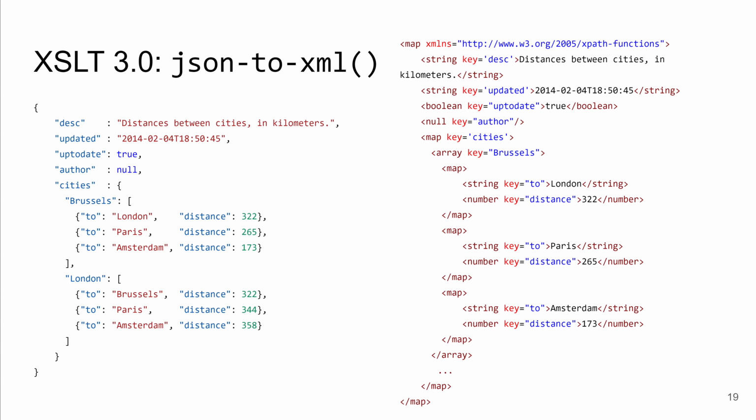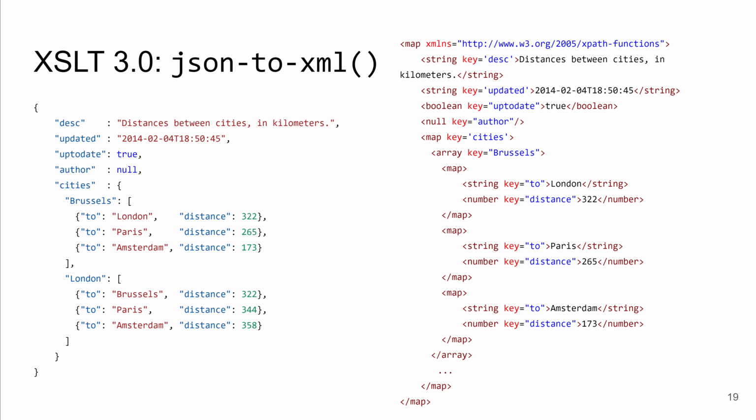And in XPath 3.1 actually, which is used in XSLT 3.0, there is the json-to-xml function, which takes a JSON string on the input and it transforms it into a corresponding XML representation, which then can be processed using typical XSLT.